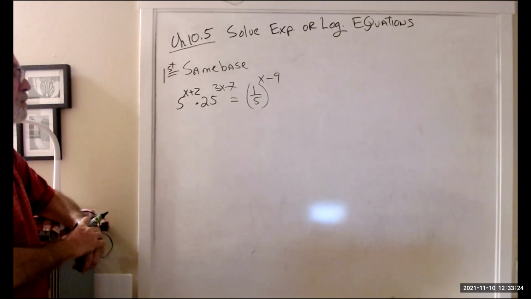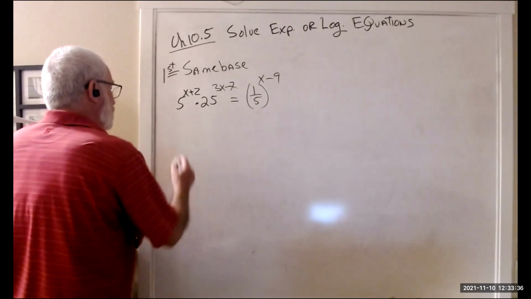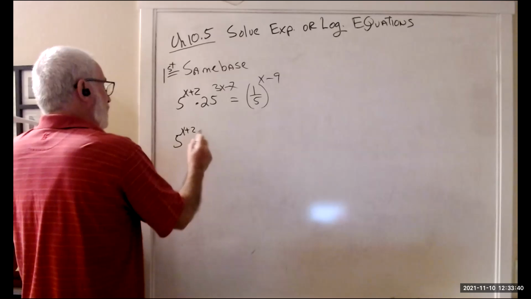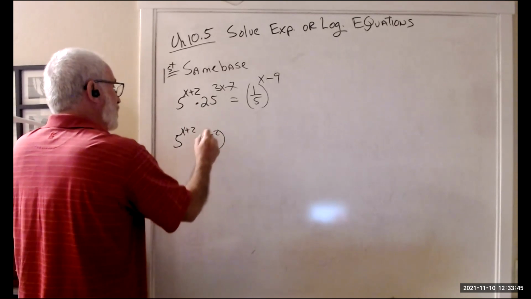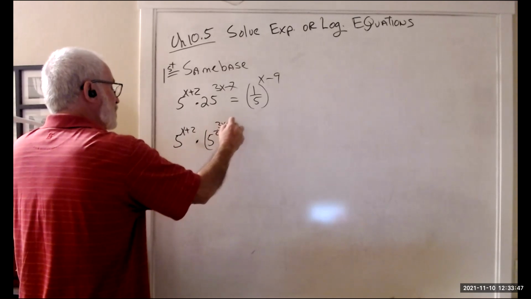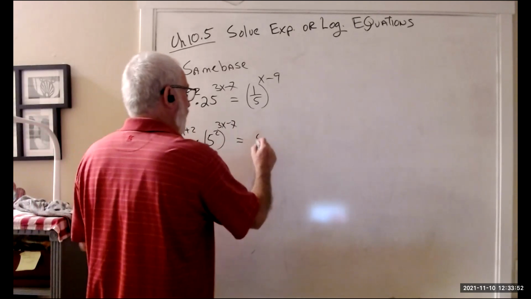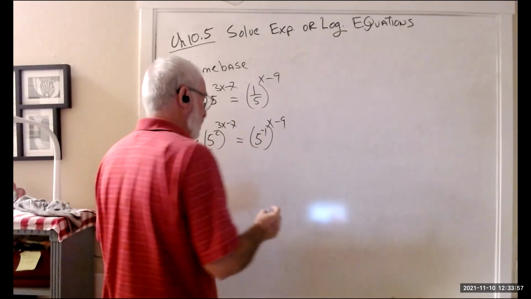Okay, what you're supposed to do is look into all of these and say, okay, can they all be turned into the same base? Yeah, 5. So this is 5^(x+2) times (5 squared)^(3x-7) equals, now this is where it got tricky, (5 to the negative 1)^(x-9).